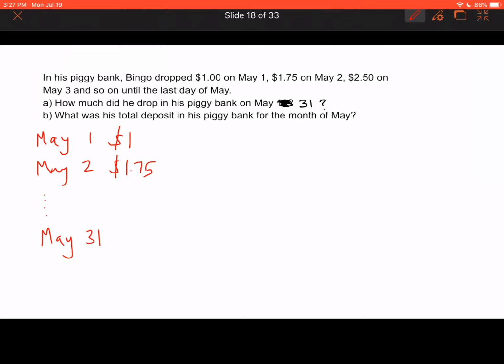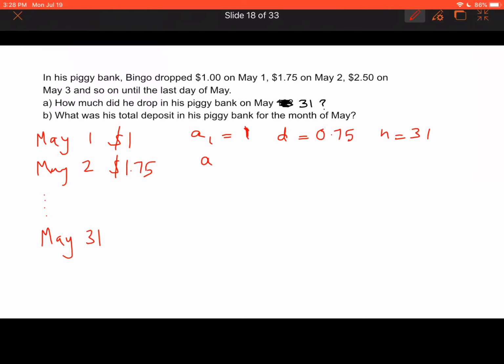Okay, so from this we can deduce the values. A1 is equal to 1 and D is 1.75 minus 1, that is 0.75, and N is equal to 31. Okay, how much did he drop in his bank on May 31st? So they want to know the value of the nth term, that is May 31st.